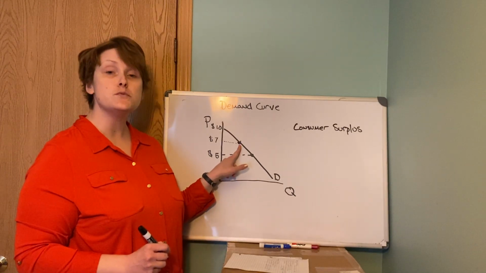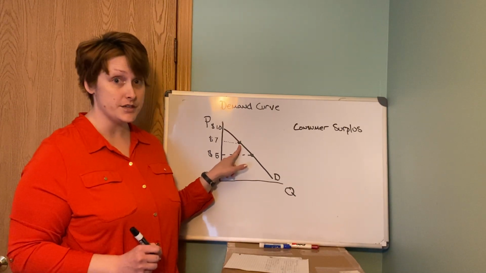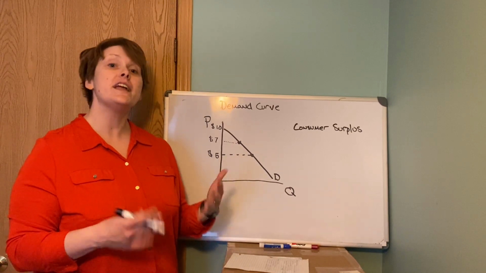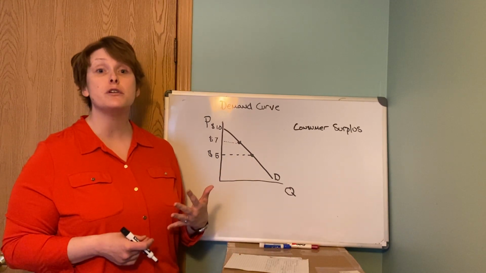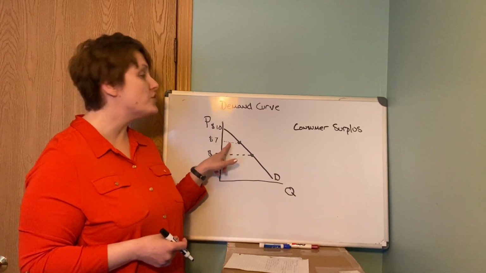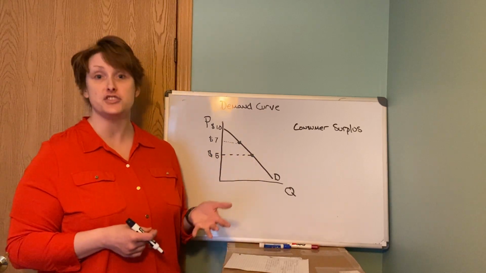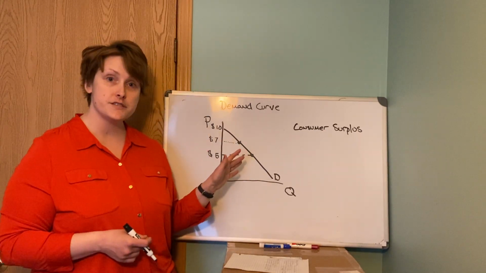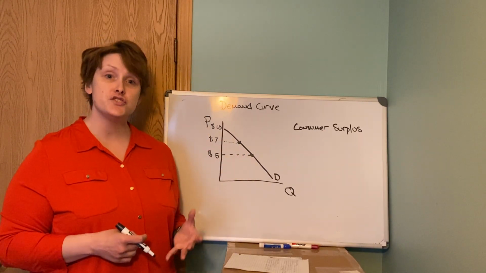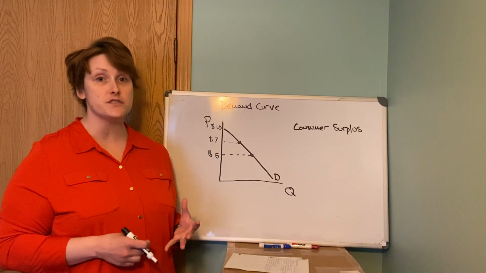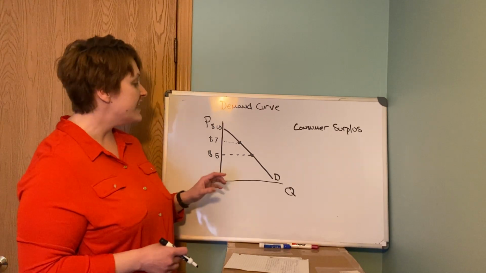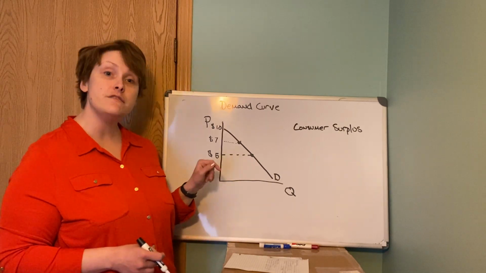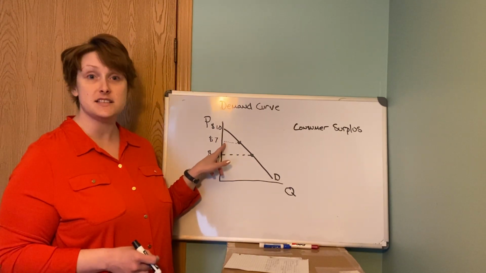This individual is willing to pay $7, but since they only have to pay $5, they're going to get an additional consumer benefit of those $2 that were not spent but that the consumer would have been willing to spend. That $2 is referred to as consumer surplus. An individual's consumer surplus is the difference between the market price and that individual's maximum willingness to pay.